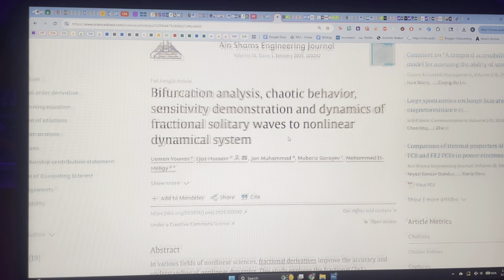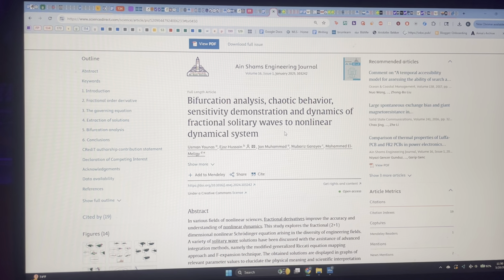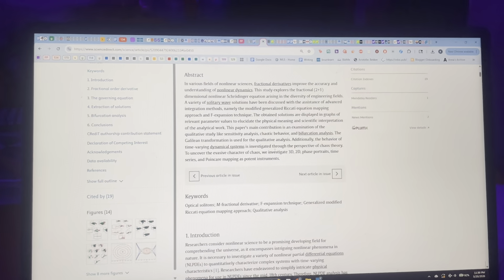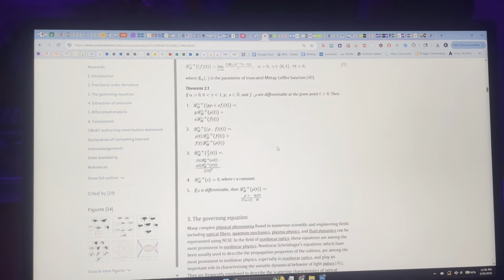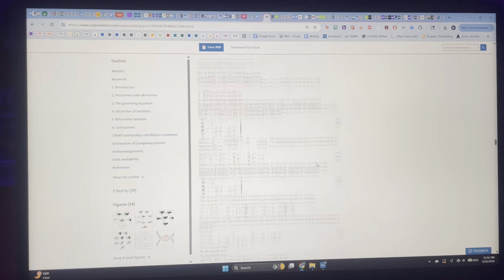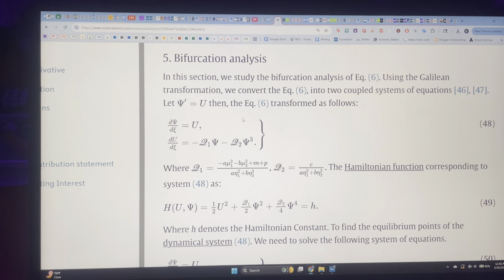They focused on the nonlinear Schrodinger equation, and in section 5, gave a qualitative analysis on this equation.